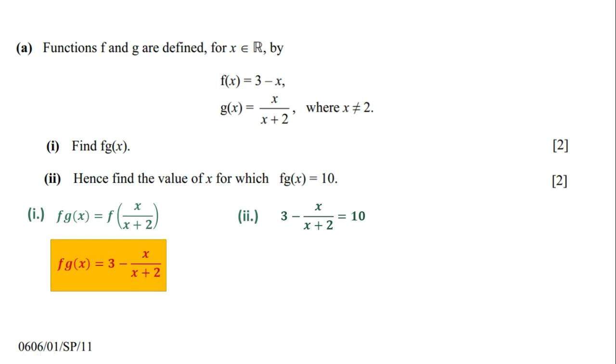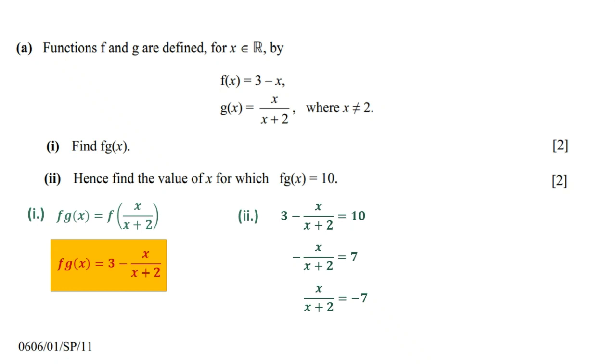Okay, then you will just basically take away that 3 from both sides. It will become negative x over x plus 2 is equal to 7. And then multiply both sides with the negative number so that I can remove this negative number. It will become x over x plus 2 is equal to negative 7.